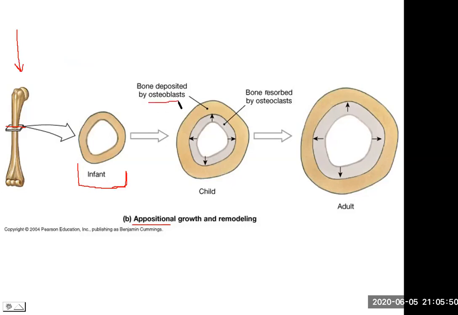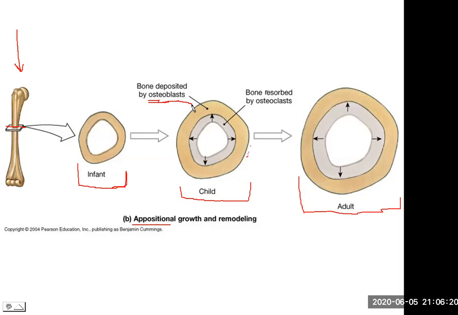And with the osteoblast depositing bone along the surface, expanding out the surface and thus expanding the width. And with more deposits on the surface over time into adulthood, still expanding the width of the bone. So that was coming from the osteoblast, depositing bone right along the surface, right within the layer of the periosteum.